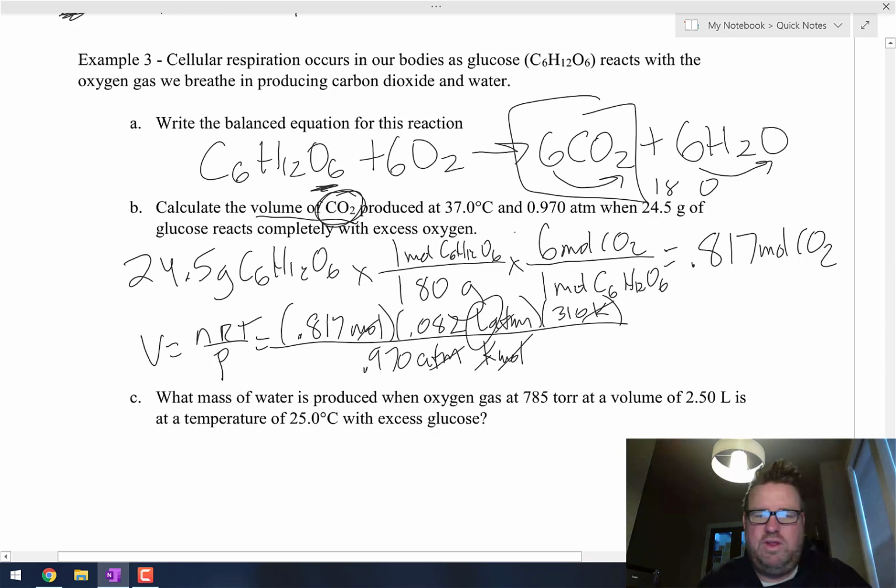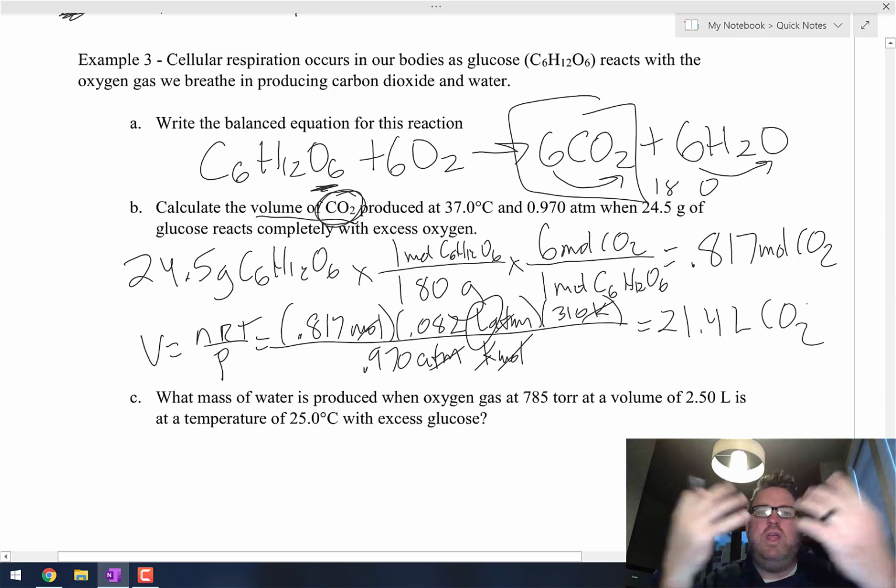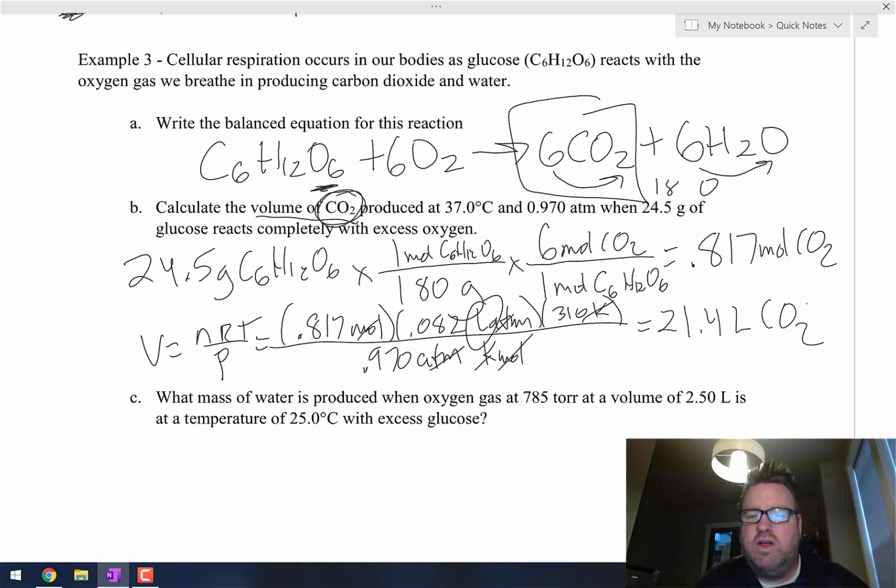We're just left with liters. So 0.817 times 0.082 times 310 divided by 0.970 equals 21.4 liters of CO2.